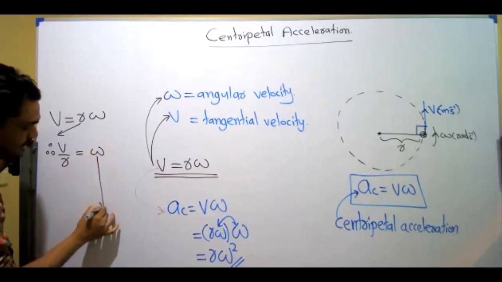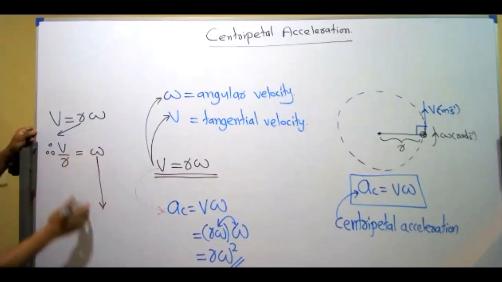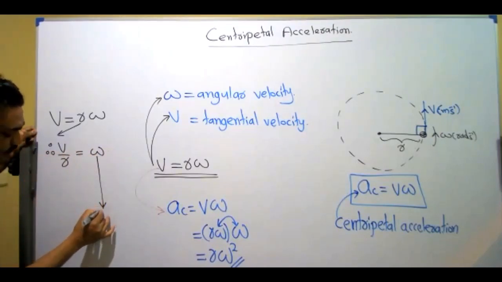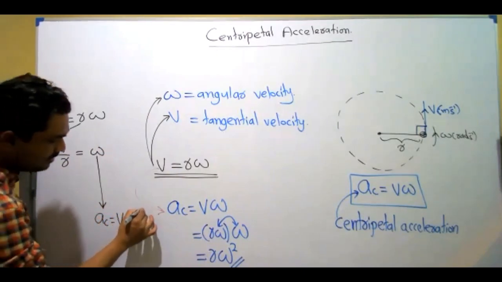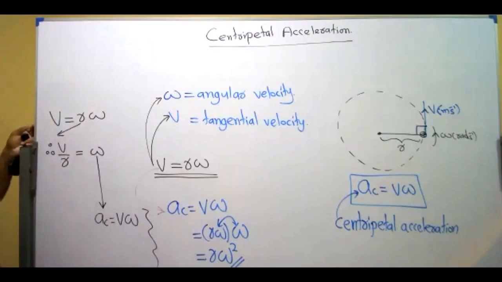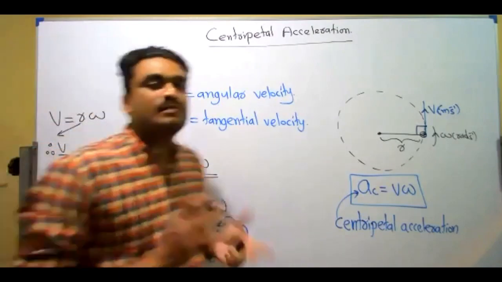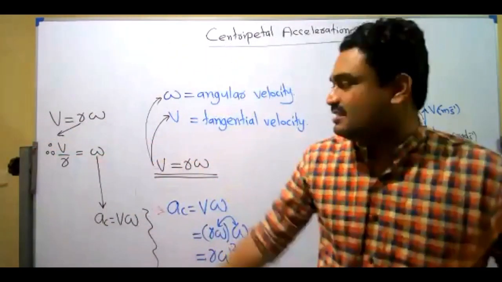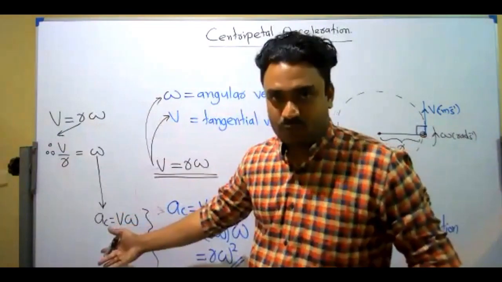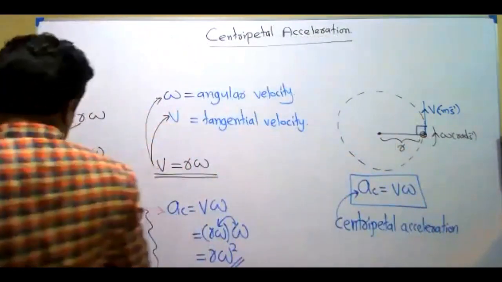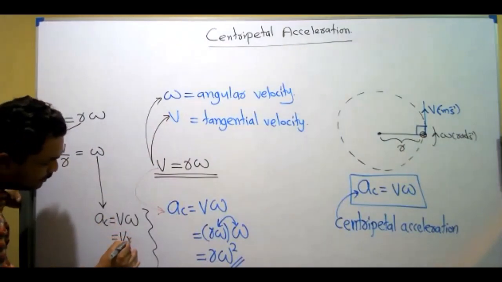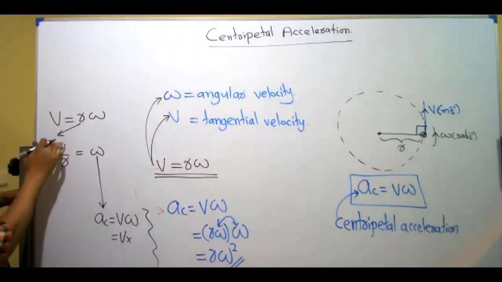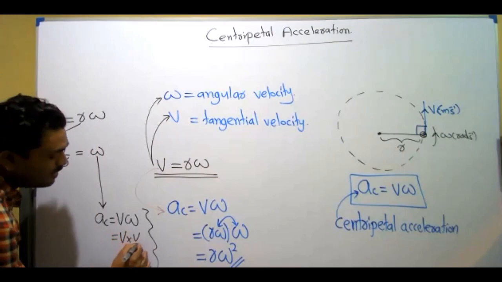I'm going to use this relationship in the centripetal acceleration equation, a_c equals v omega. This is the most important relationship, so listen carefully. v into omega is v into v over r.